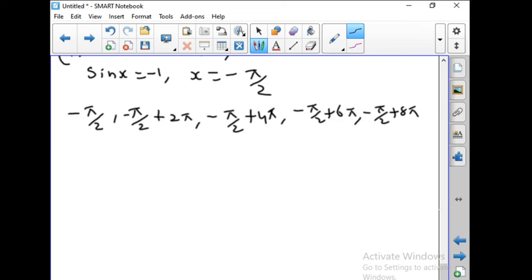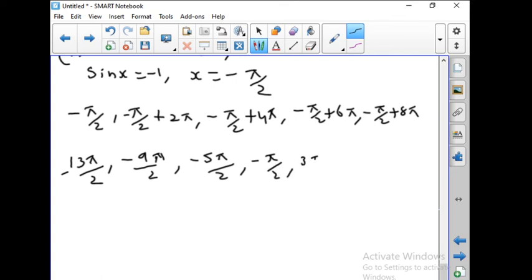We get minus 13 pi by 2, minus 9 pi by 2, minus 5 pi by 2, minus pi by 2, 3 pi by 2, 7 pi by 2, 11 pi by 2 and 15 pi by 2.